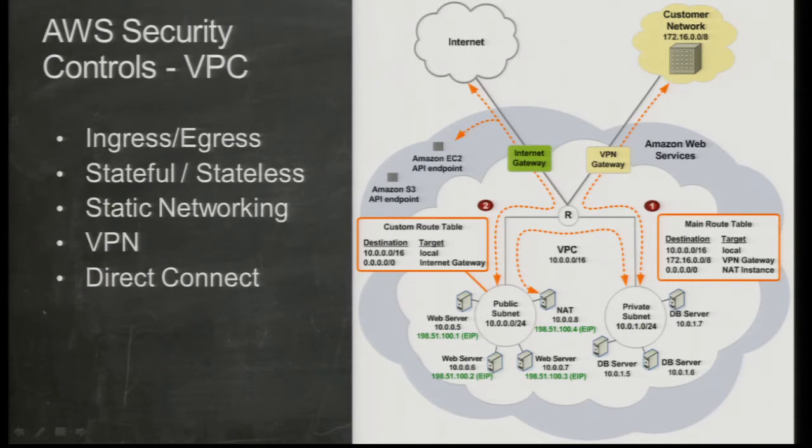So those subnets can either route to the internet, can route to NAT instances, which allow the translation between subnets, or to private subnets, which route to virtual private networking connections, like our virtual or our customer gateway.